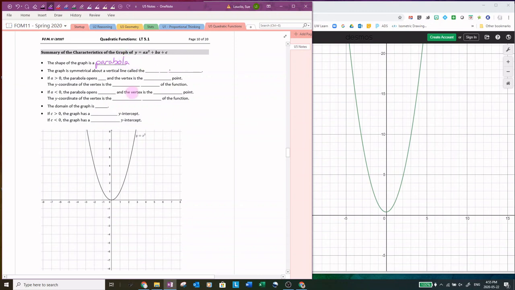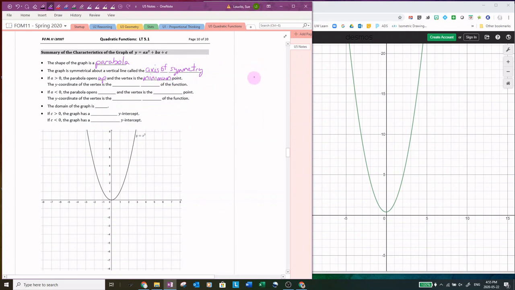The graph is symmetrical about a vertical line called the axis of symmetry. If a is greater than 0, the parabola opens up and the vertex is the minimum point.